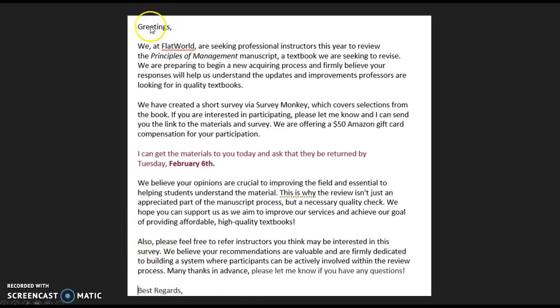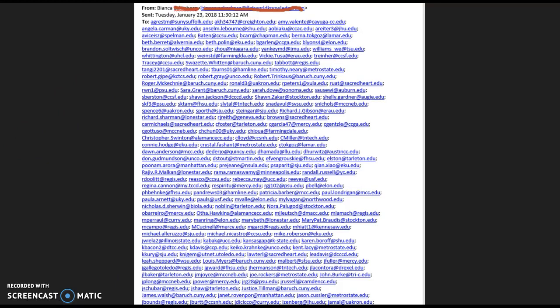It's kind of a letter. Greetings, best regards. I have debates with my wife around that kind of a letter format. But look what it came with. 3 pages of everybody that received that email.